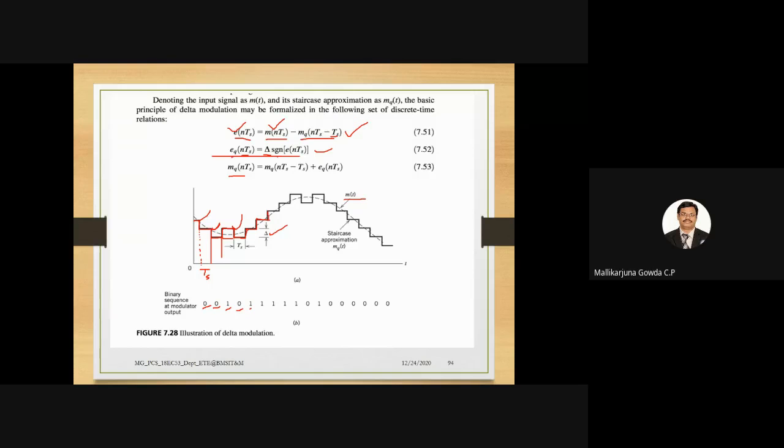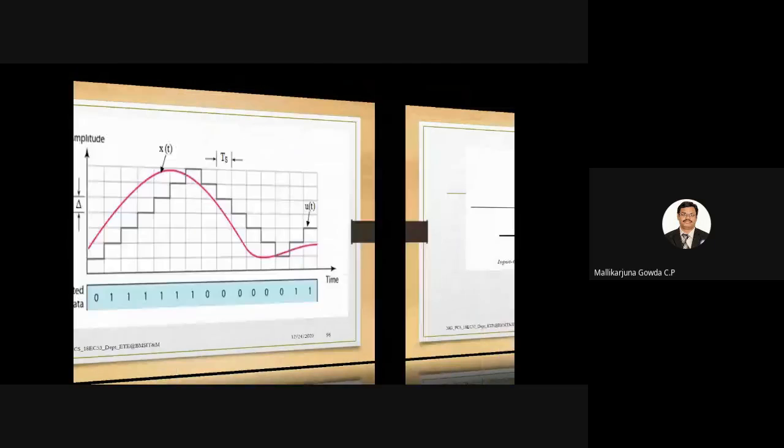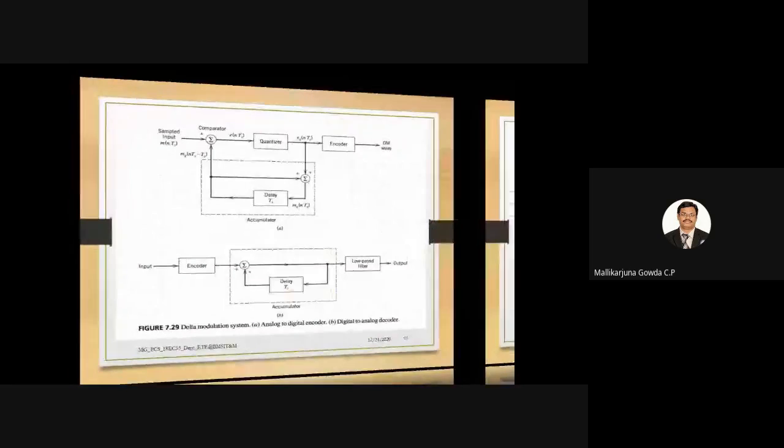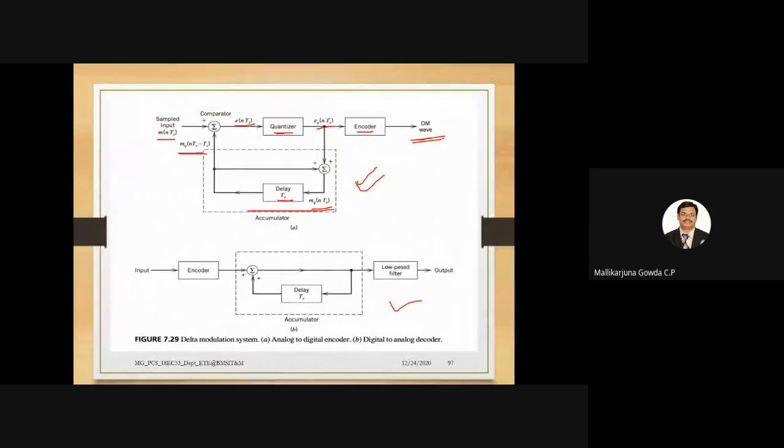Then I said MQ of NTS is the input to the delay element. And what is this MQ of NTS? It is the quantized version of the original message signal. From the figure we will understand: MQ of NTS at this point is the addition of these two, MQ of NTS minus TS plus EQ of NTS.